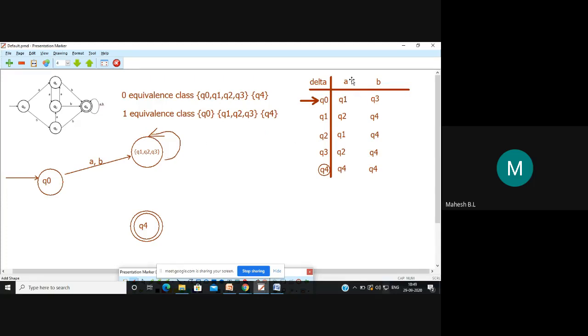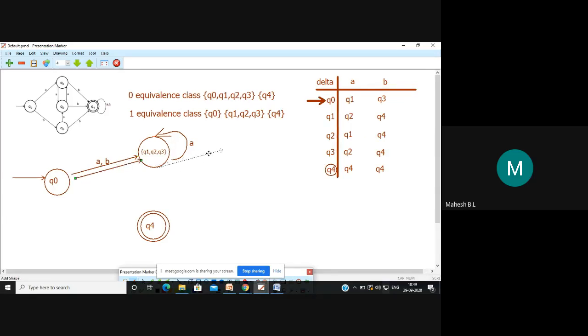So on A there is a self loop. On B there is a transition to Q4. Q1, Q2, Q3 on B, they make a transition to Q4.